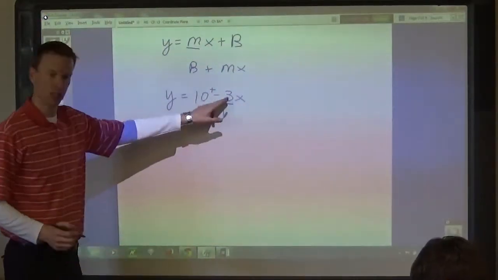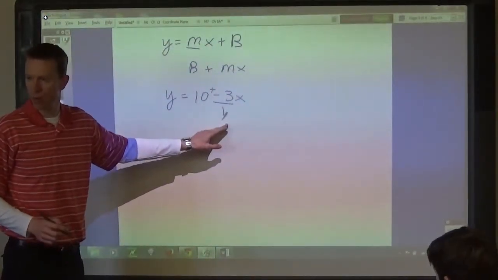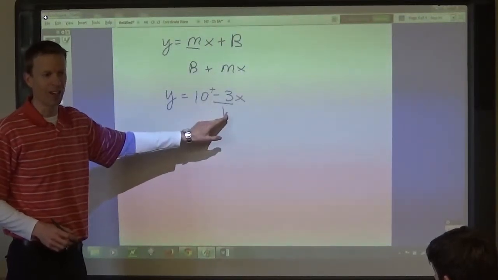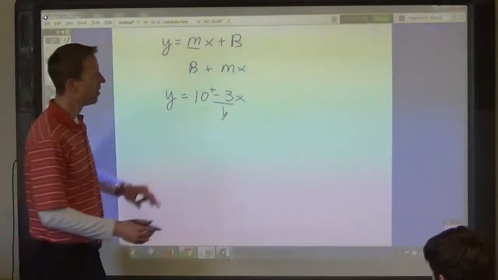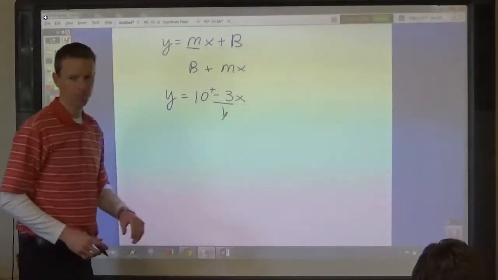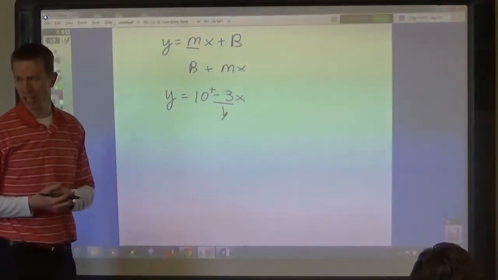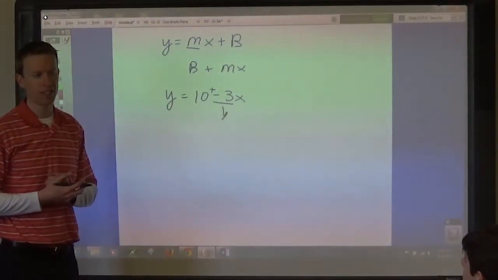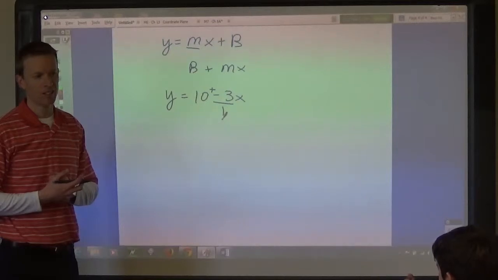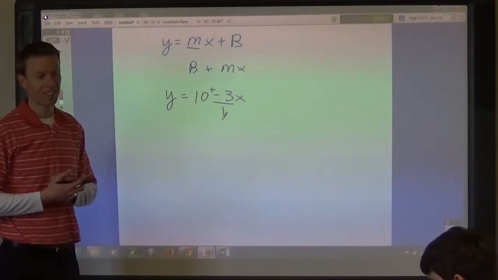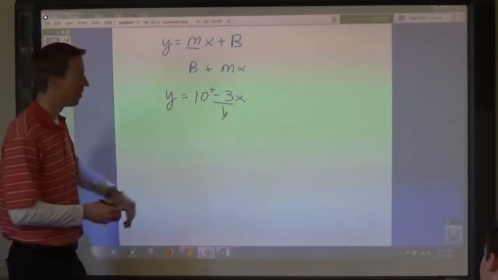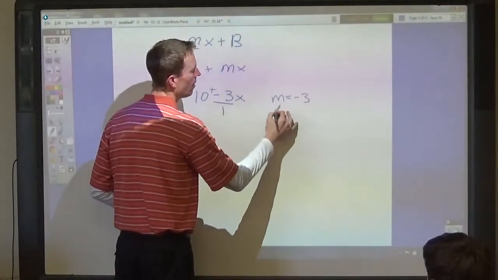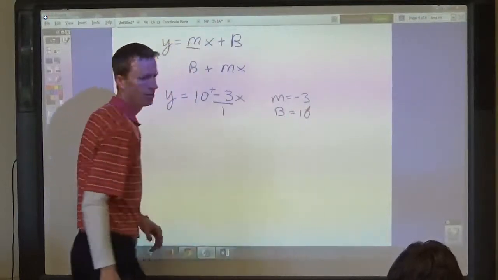So you could write it as just -3, or you could write it as -3/1. When you graph it, you have to go down 3/1. But the slope is just -3. What is the y-intercept then? Dylan? It's 10. So to write your answer, you would write m equals -3 and b equals 10.